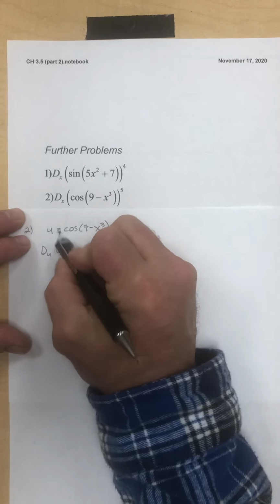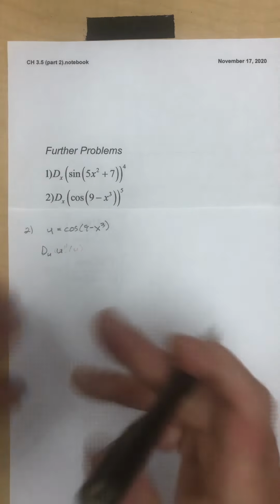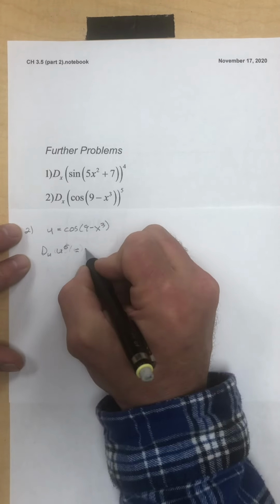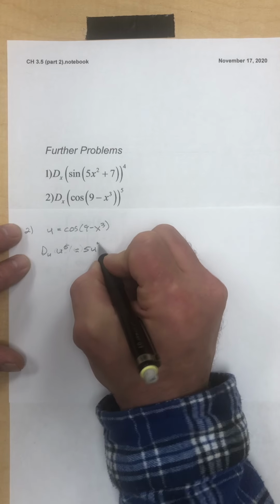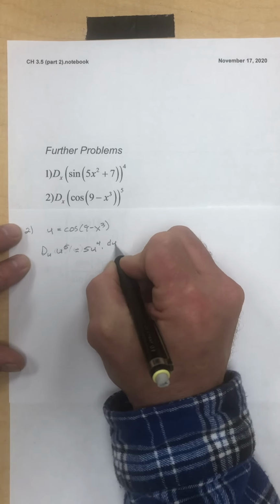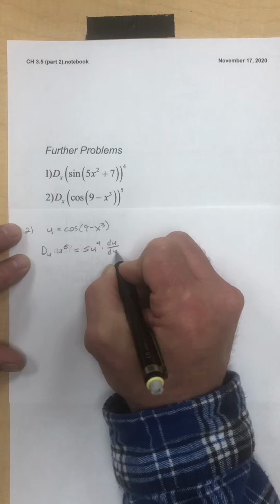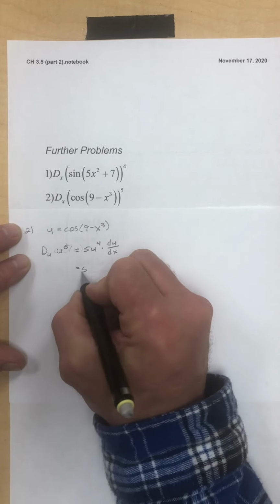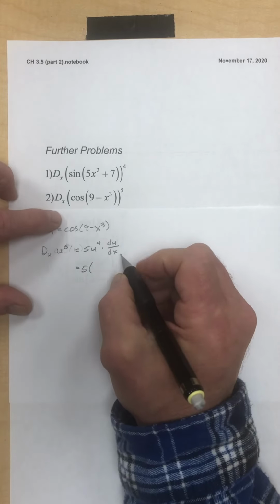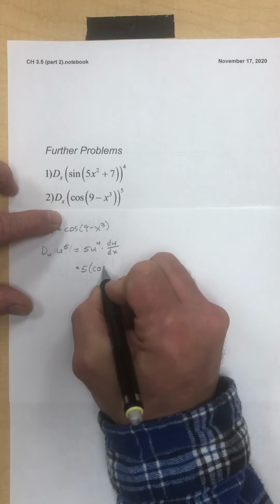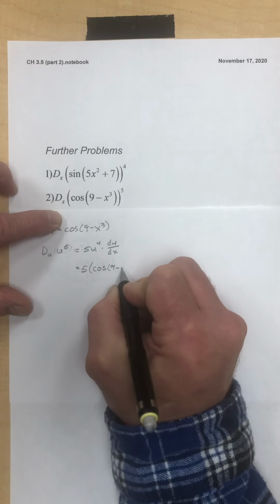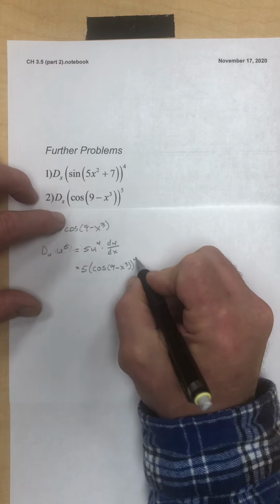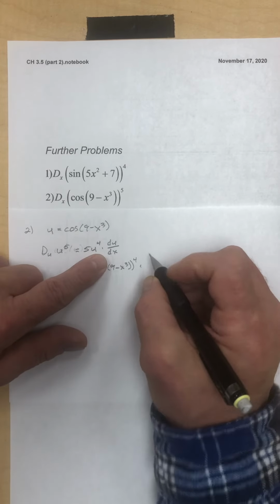How many mistakes am I going to make in a 10-second period? U to the fifth. When I take that derivative, I'm going to get 5u to the fourth times the derivative of u, du dx. I know what this is: 5 times the quantity of u, which is cosine of 9 minus x cubed, to the fourth, times du dx.